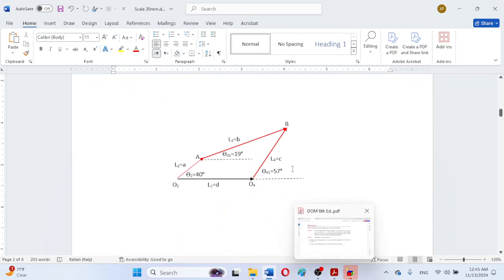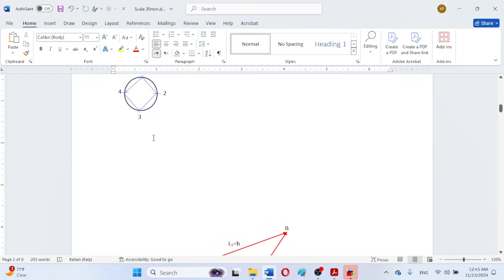The formula, I can write it here, for the number of ICs for a 4-bar mechanism will be equal to n into n minus 1, divided by r factorial.